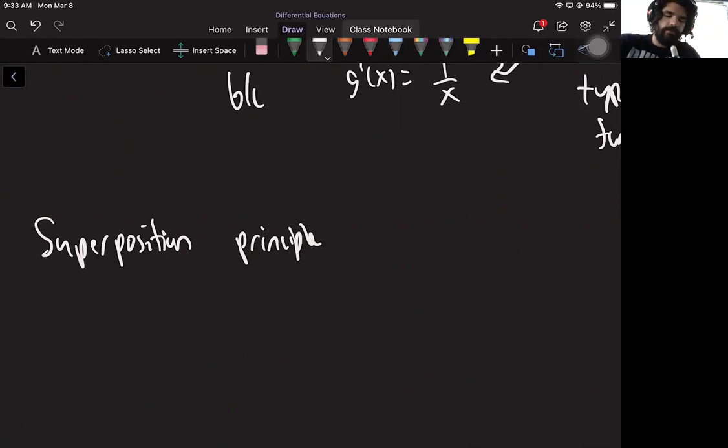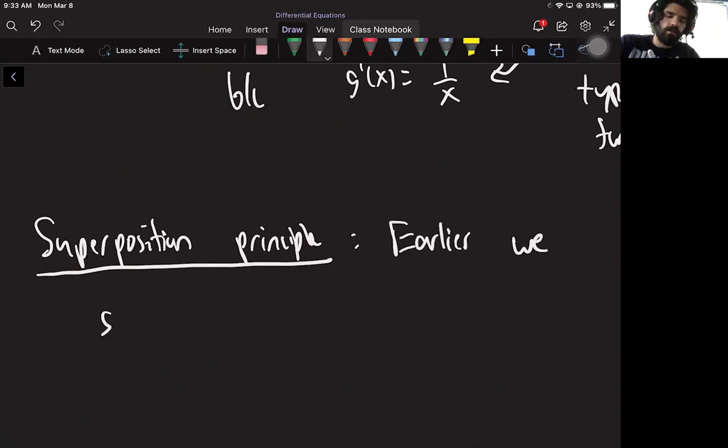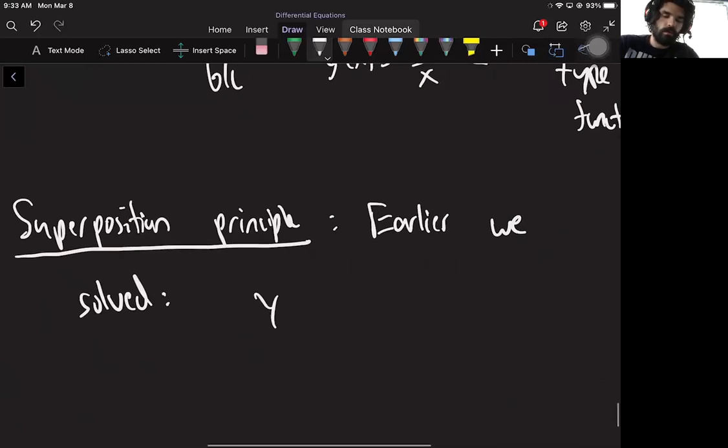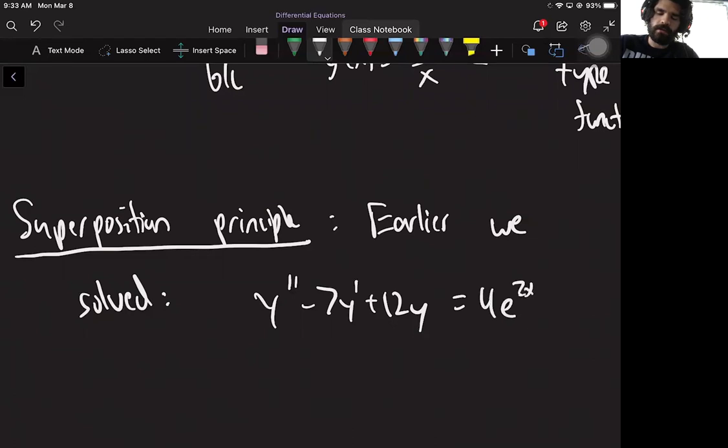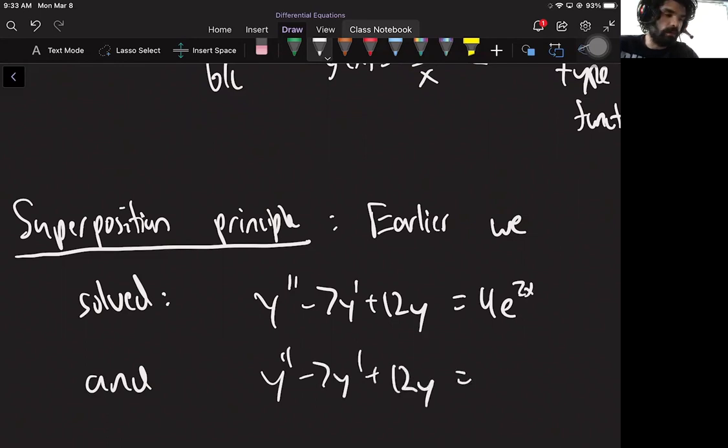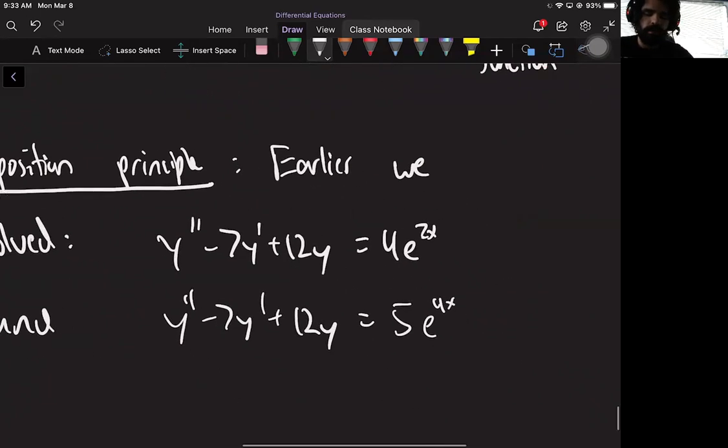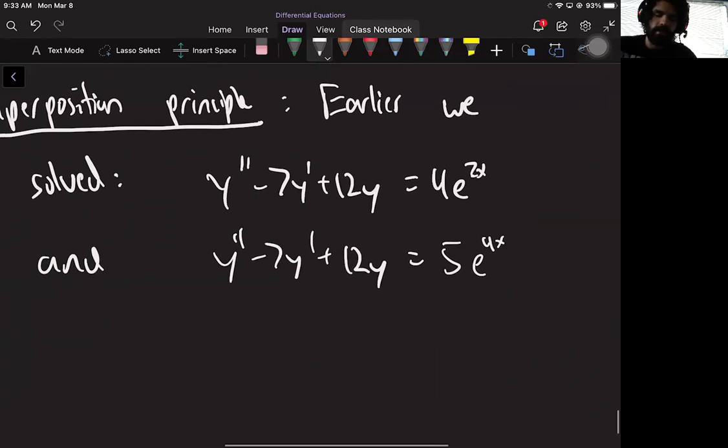The idea is that earlier we solved these two differential equations: y double prime minus 7y prime plus 12y equals 4e to the 2x, and y double prime minus 7y prime plus 12y equals 5e to the 4x. So we already solved both of these. Notice that the left side is the same.